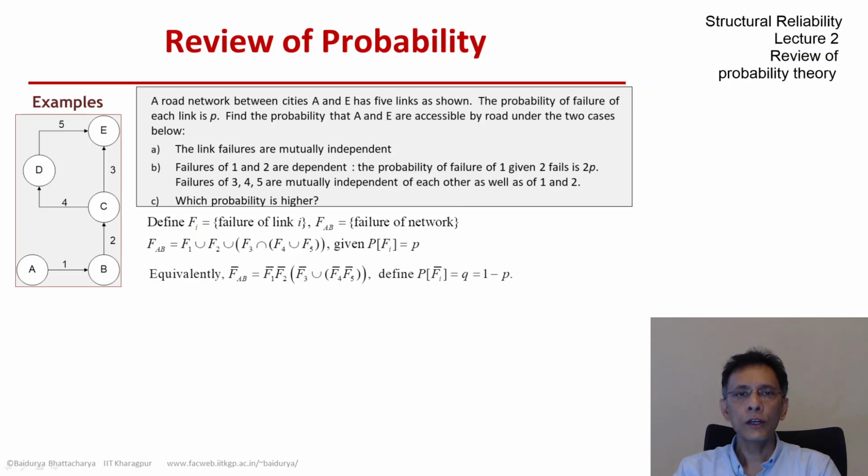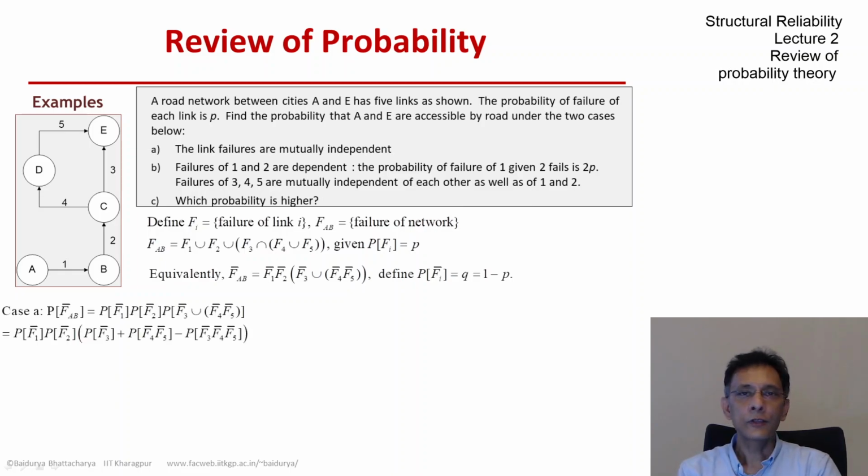In fact, we are going to use this Fab bar in solving the problem in both cases, because that is a little more convenient. Expressing the probability of Fab bar, we take advantage of the mutual independence. So the probabilities are multiplied with each other.